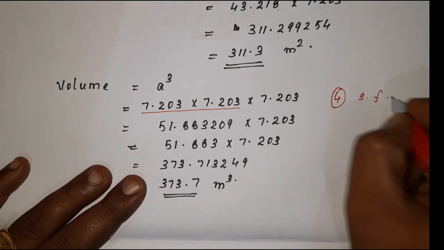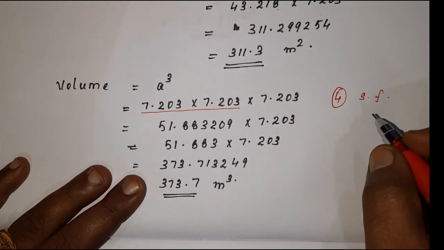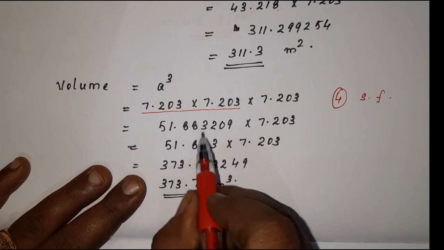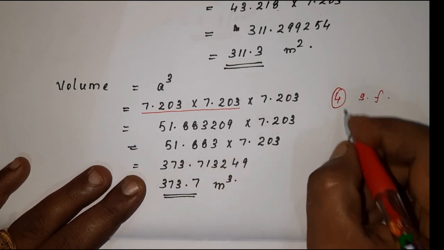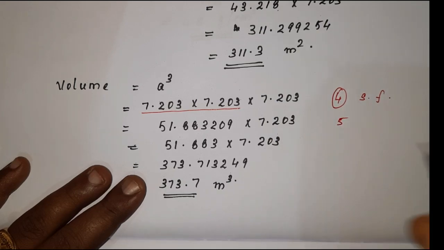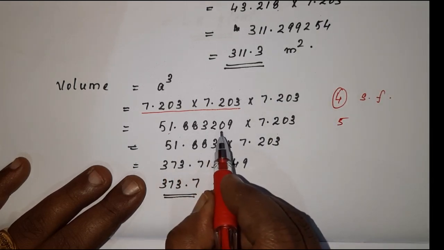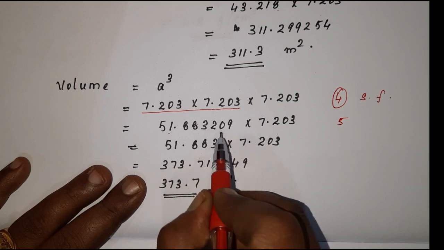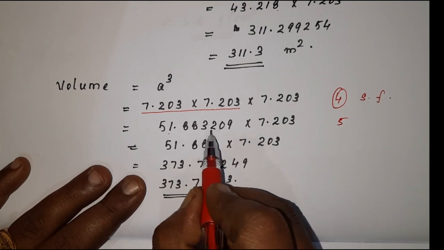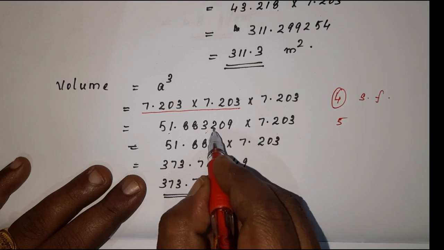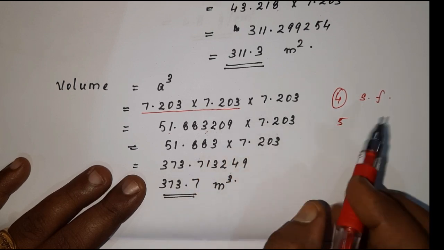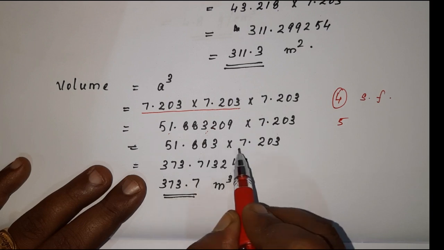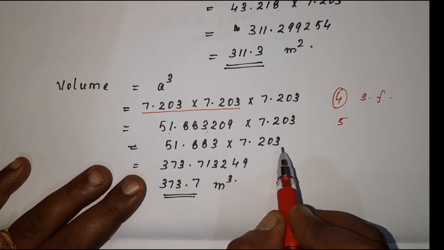This is an intermediate step, so how many significant figures do we have to retain? That is 5. So here you have to do some rounding. That means you have to round up to 5 significant figures. Here the number to be dropped is 2, less than 5, simply drop. So we have 51.883 into 7.203.